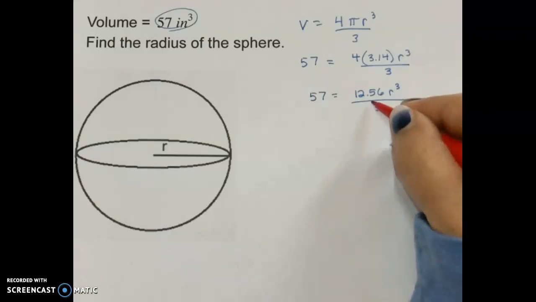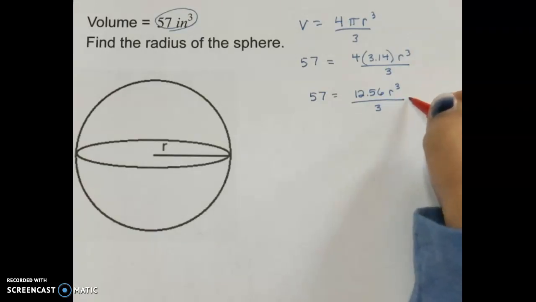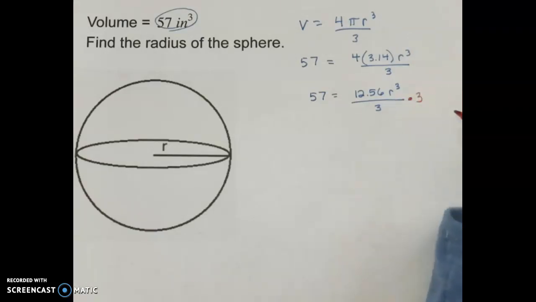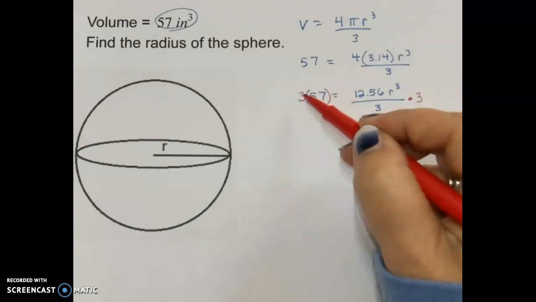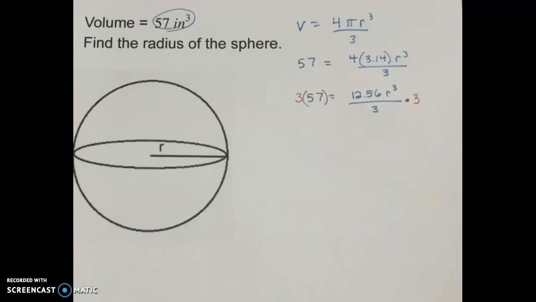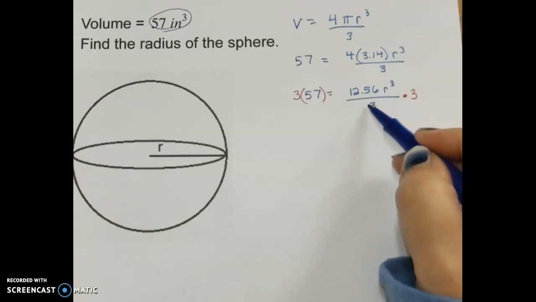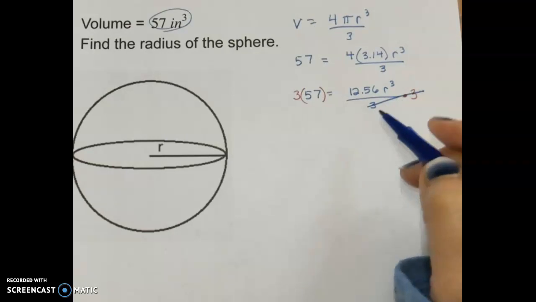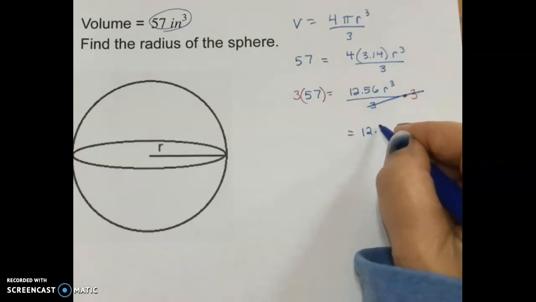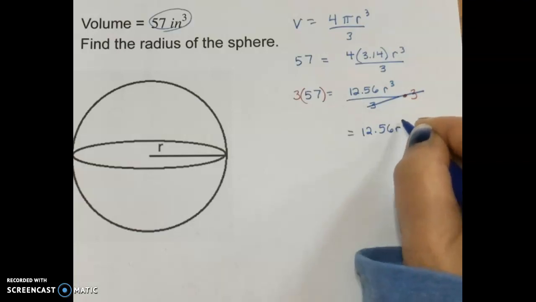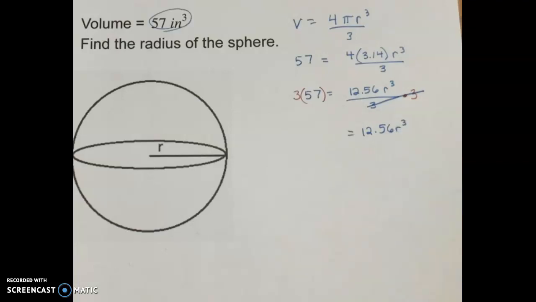So in order to undo divided by 3, I'm going to do the inverse operation, which is multiplied by 3, but I need to remember to do that on both sides of my equation. Okay, so my inverse operations cancel each other out. That means that on the right side of my equation, I have 12.56 r to the third power, so no more fraction, which is great.